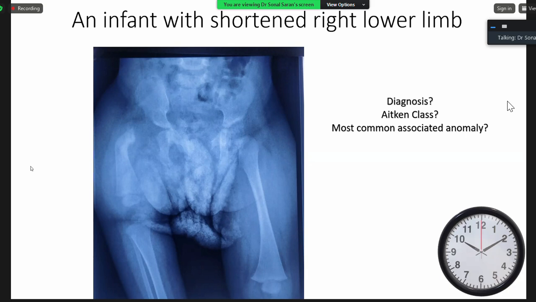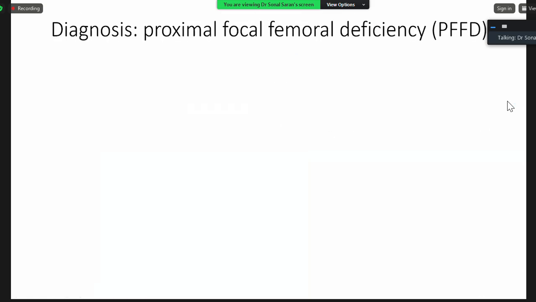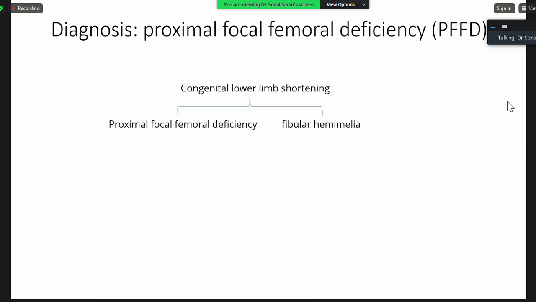So as you can see, there is shortening of the right femur, and you can see hypoplasia of the head and neck region and proximal shaft. So the diagnosis is proximal focal femoral deficiency, or PFFD.